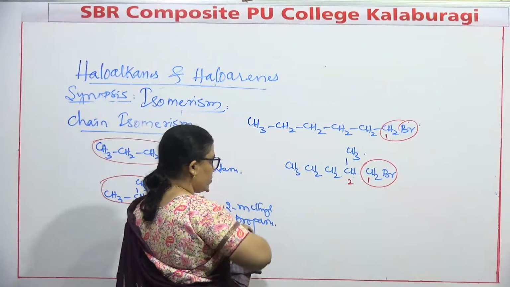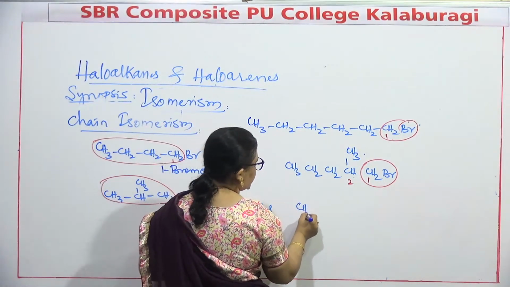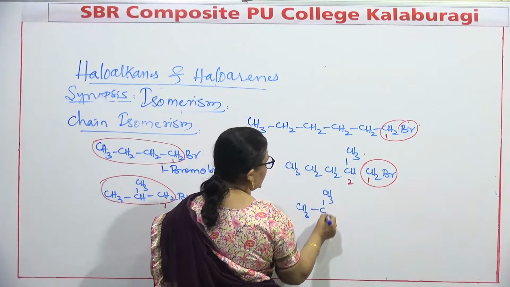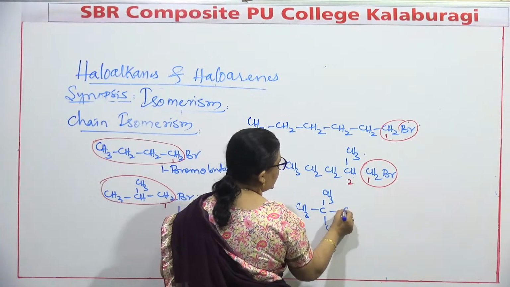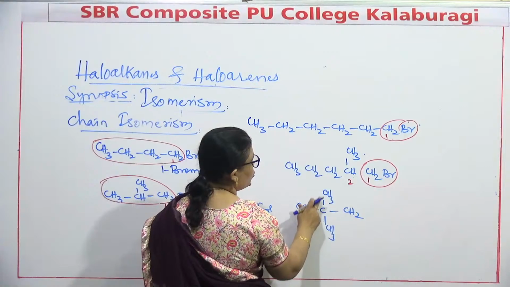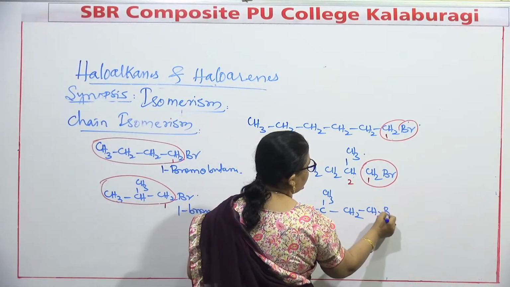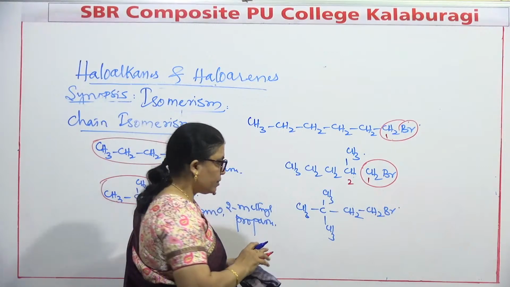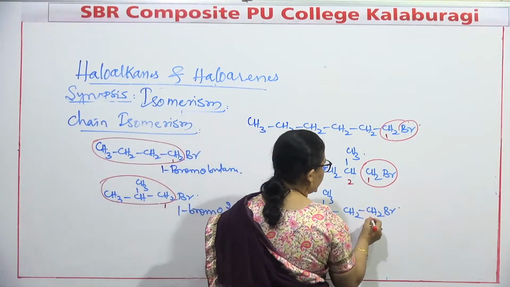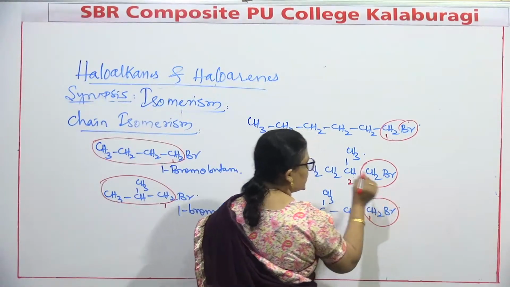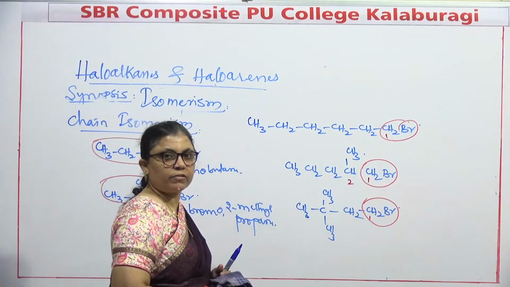If I take one more example, like CH3, CH3, CH3, CH2 with carbons 1, 2, 3, 4, 5, 6, Br, again the Br is present at the first carbon atom.